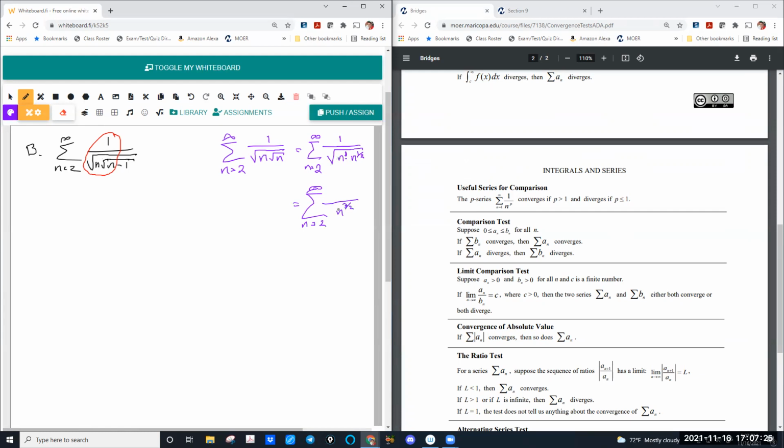Now it's under a square root. Well, that's the same thing as raising it to the 1/2 power. An exponent raised to another exponent, we multiply. So now we do have a P series. This is going to be 1 over n to the 3/4.